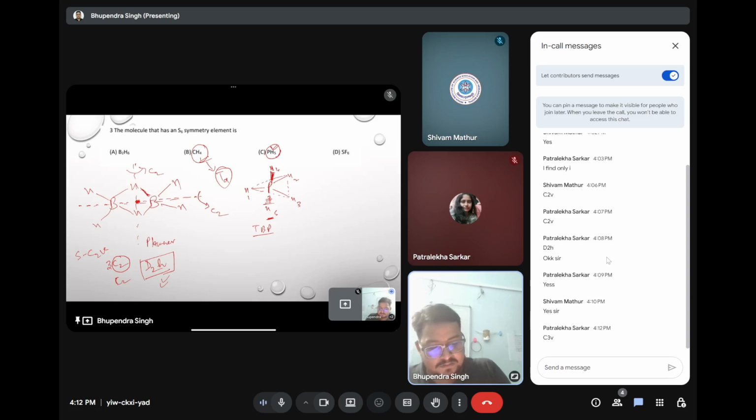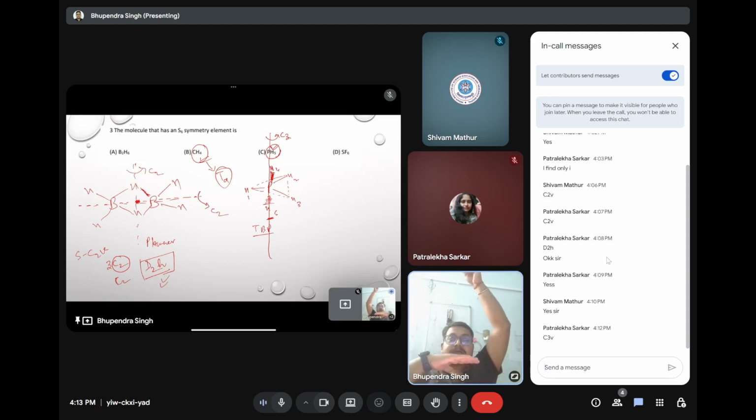Okay, since it looks like you are not able to find it, consider this is your axis C3. Because this is your plane. In the plane we have H1, H2, H3. H4 is above the plane, H5 is below the plane.